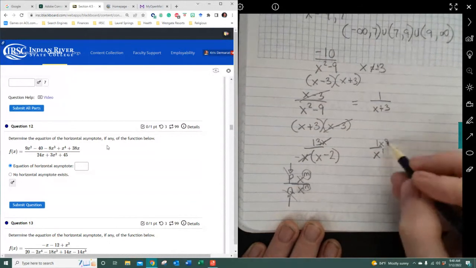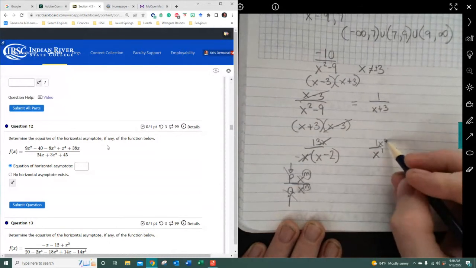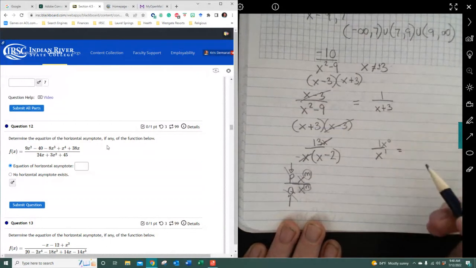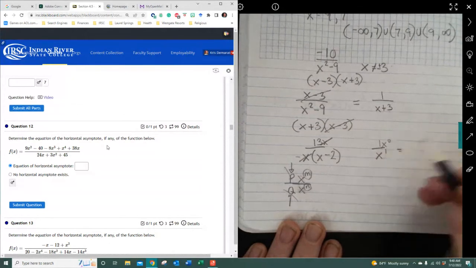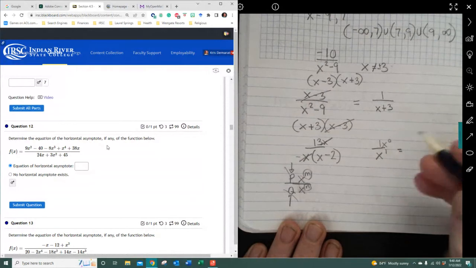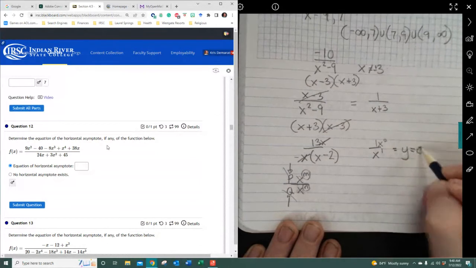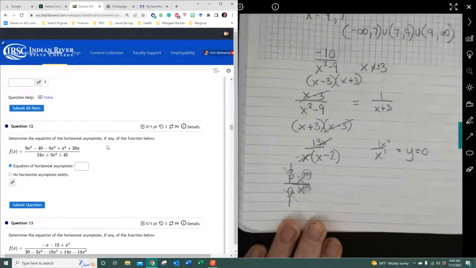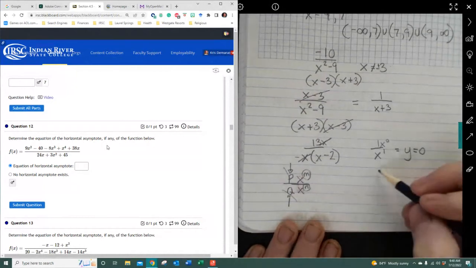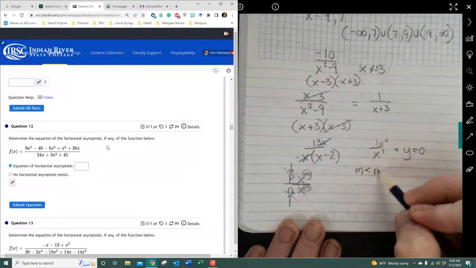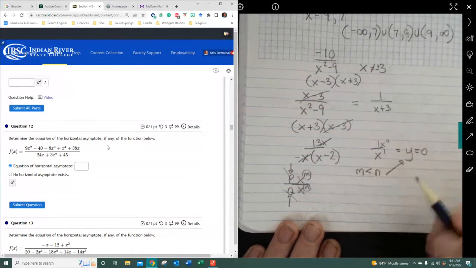And any time the degree power of the top is less than the degree power of the bottom, it doesn't necessarily have to be by 1, as long as this one is less than this one, then it's y equals 0. Y equals 0 is your horizontal asymptote. So that means when m is less than n, then you have this.